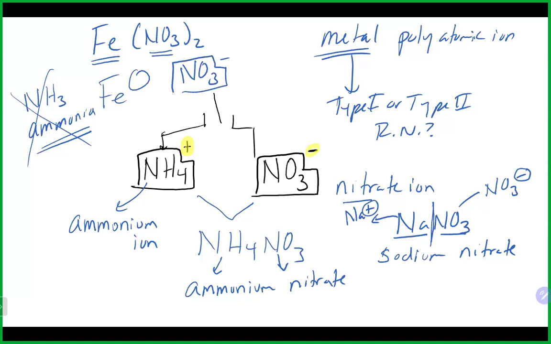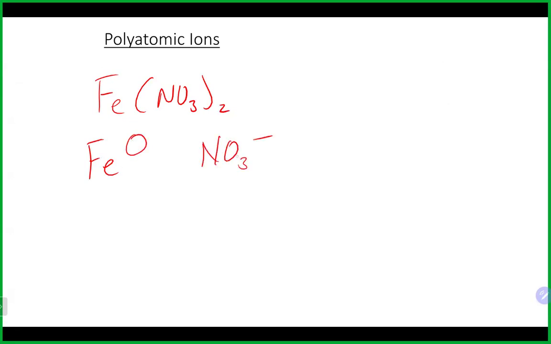By the way, how many of those NO3 minuses do I have? I don't just have one, I have two. And that gives me a grand total for the negative part of this, a minus 2. So we were doing this one, I think, Fe(NO3)2. So once again, we had this, and we did have our two of these.